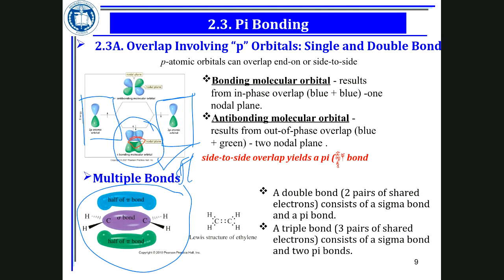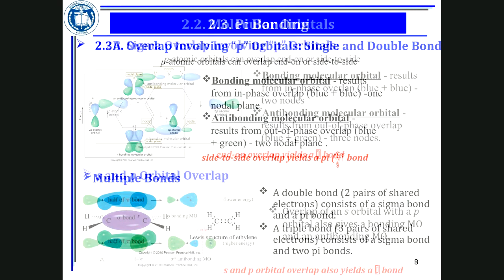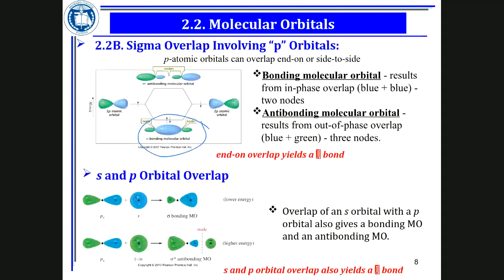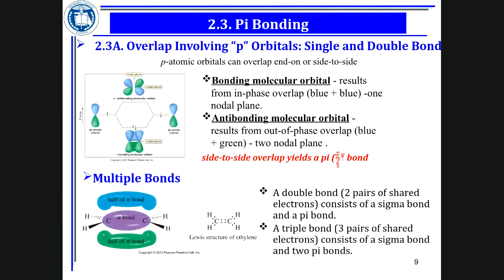What we had before for a head-on collision right here is a sigma bonding. When you have the side-by-side, this is a pi bonding. So when you have your pi bonding orbital, that is the result. There's only one type of pi bonding, and that must be two p orbitals coming together side by side.